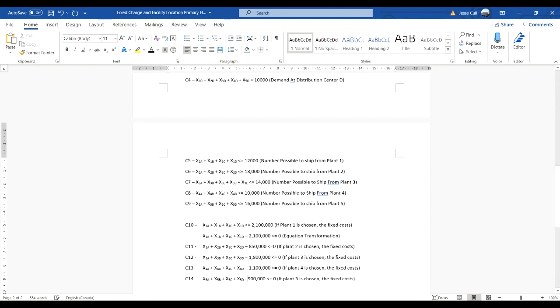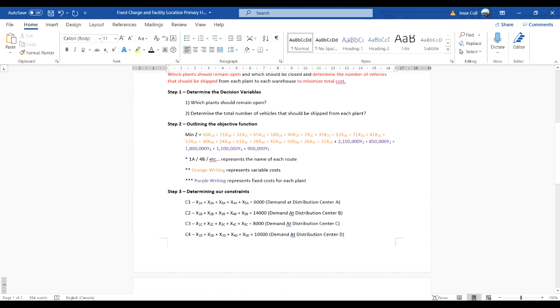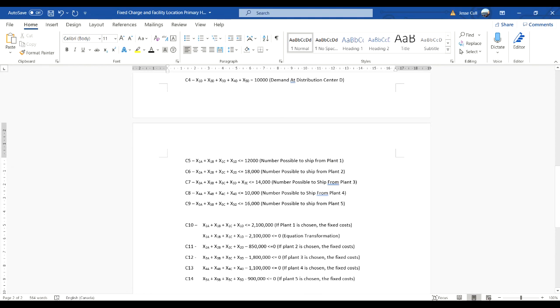Instead, we almost need another program like Excel that will allow us to solve increasingly complex problems like this. We're seeing not 1 or 2 variables, but 25 decision variables, and not 1 or 2 constraints, but 14 different constraints. So we're seeing right away, this is a complex problem.